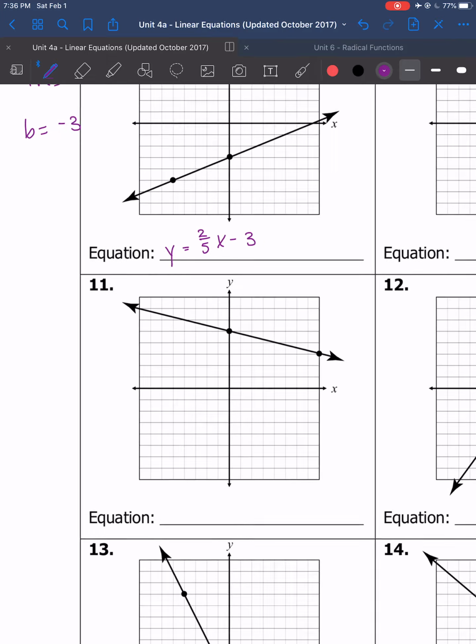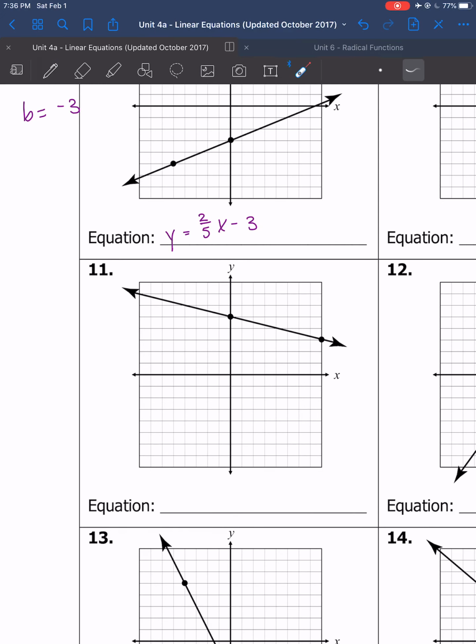And then I've got to do 11. I'm going to rise 1, 2, and I'm going to run 1, 2, 3, 4, 5, 6, 7, 8.